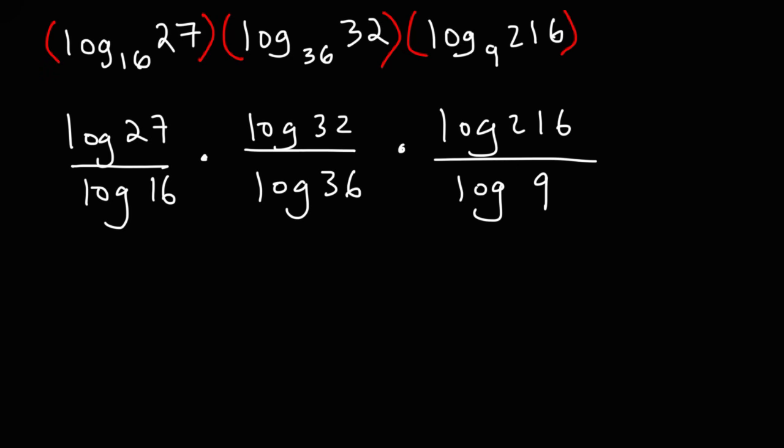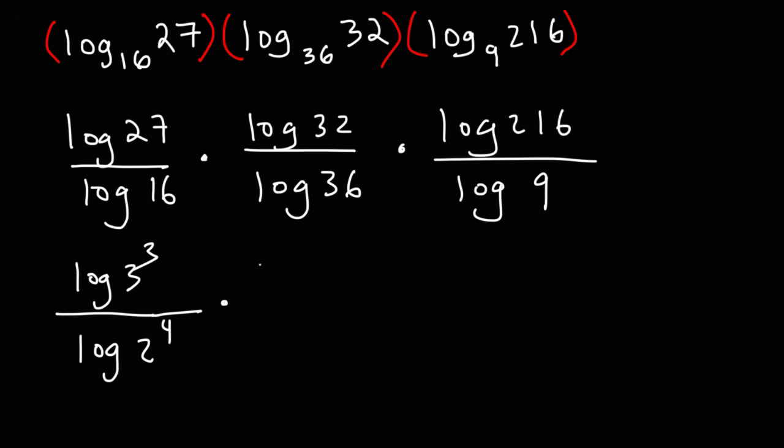We need to convert the larger numbers into smaller numbers. For instance, 27 is 3 raised to the third power. 16, we can write that as 2 to the fourth power. If you multiply 4 2's together, you're going to get 16. Now, what about 32?